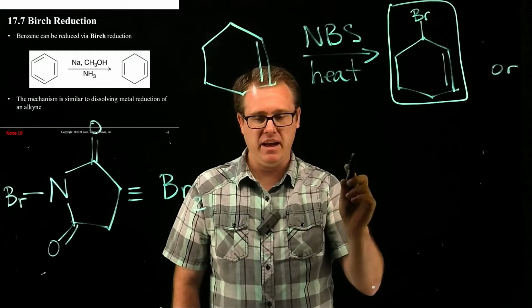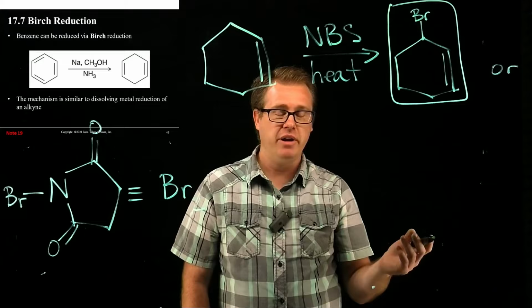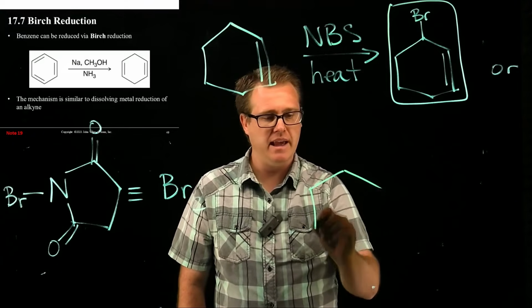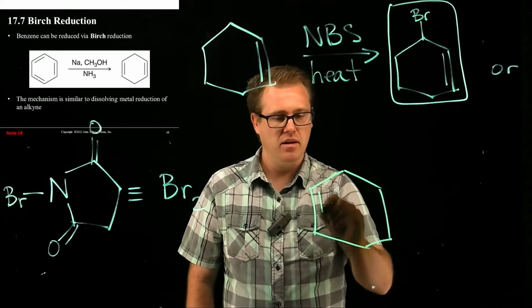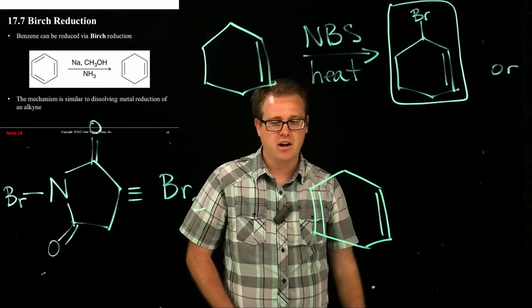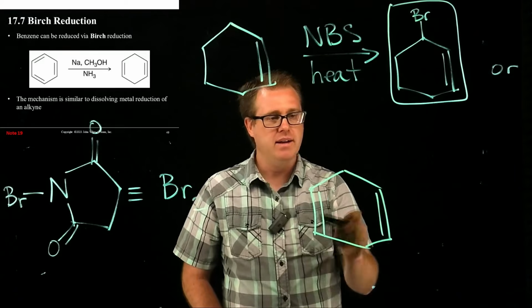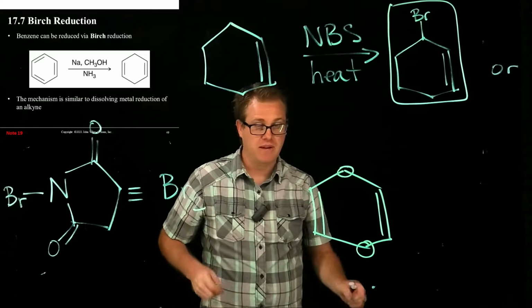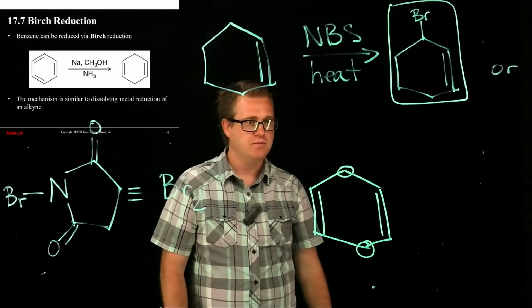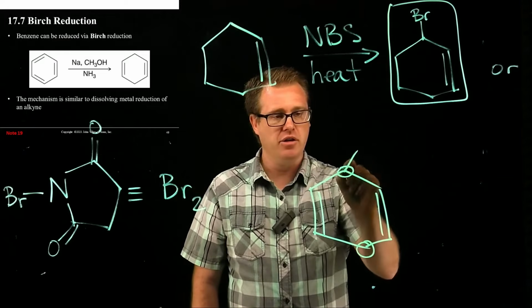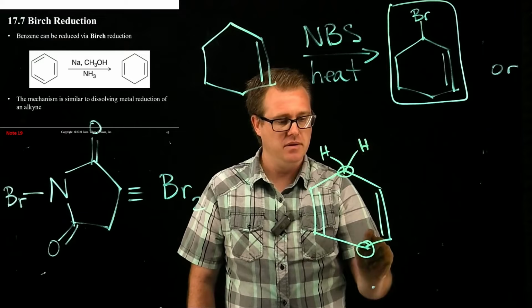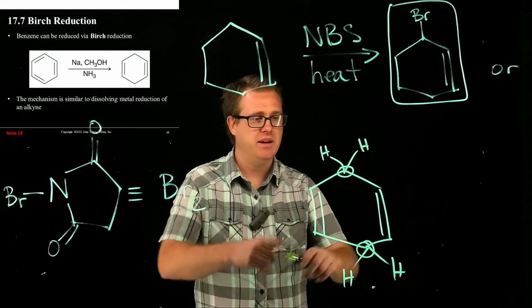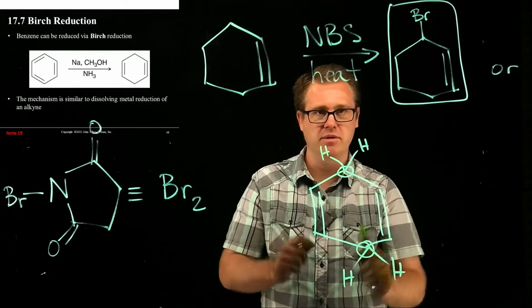When you take benzene and treat it with sodium metal and some methanol and ammonia, what do we get? We get that compound right there. And what has happened? Those carbons right there have been reduced because we have added some hydrogens there. You can see that there are 2 hydrogens coming off. So we added hydrogens, so it's been reduced, but we did not reduce these carbons right there.